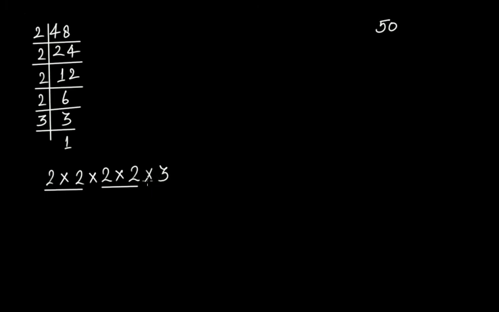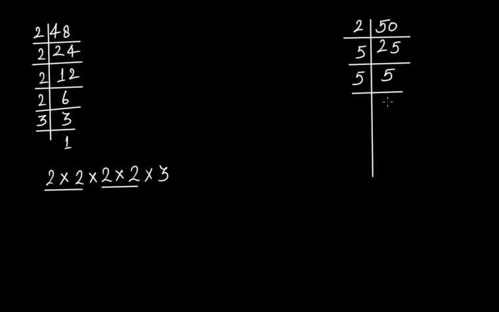Okay, now this is 50, and let's check whether this is a square number or not. So 25, 5, and then 5. So we have 2 times 5 times 5.